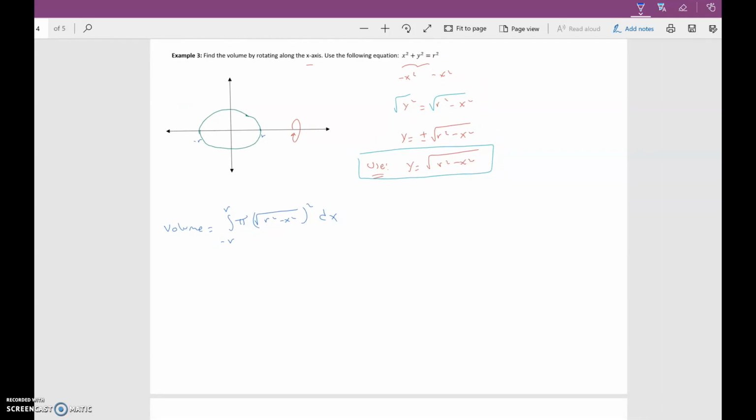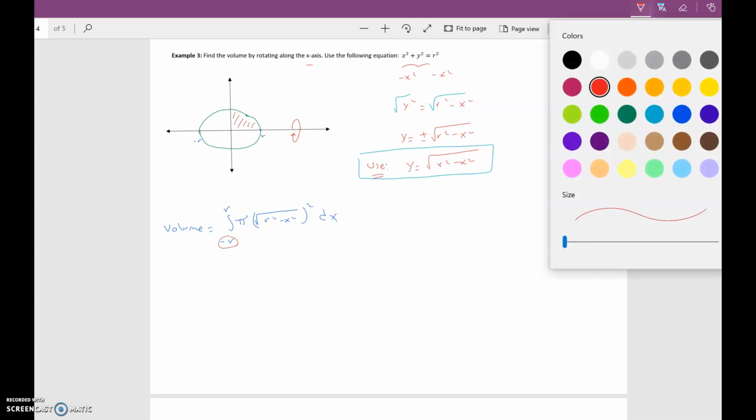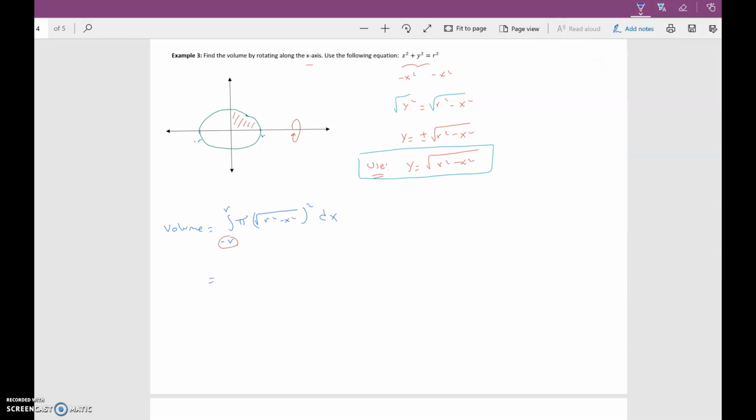Now, I'm going to use the symmetry of the function and only focus on one piece of it so that we don't have to do this extra integration. So I'm just going to focus on one quadrant. In this case, this is going to give us the integral from 0 to r of pi times r squared minus x squared, still squared, dx.